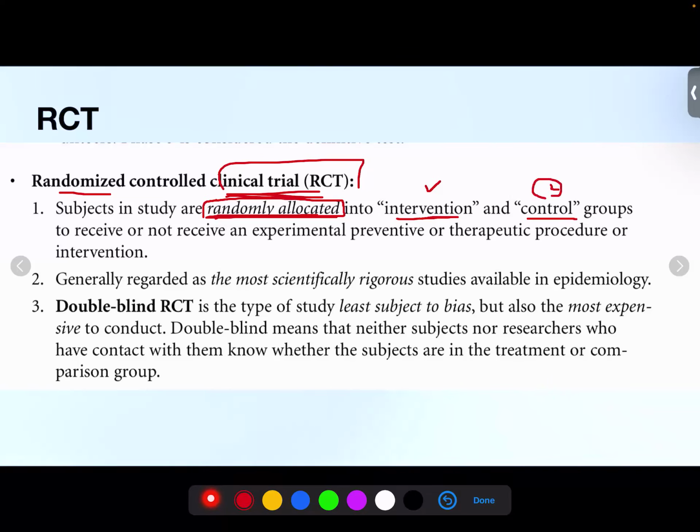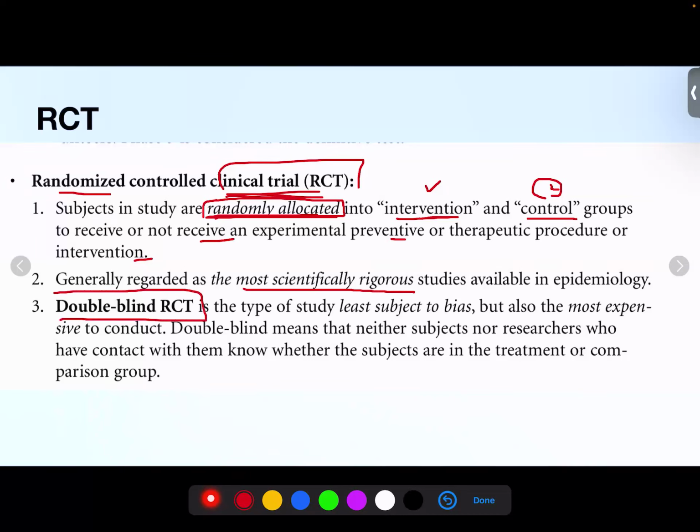To receive or not to receive an experimental, preventive, or therapeutic procedure or intervention, you randomly allocate patients into the intervention group or the control group. In the intervention group you give something, and in the control group you give nothing, or you can give a placebo.